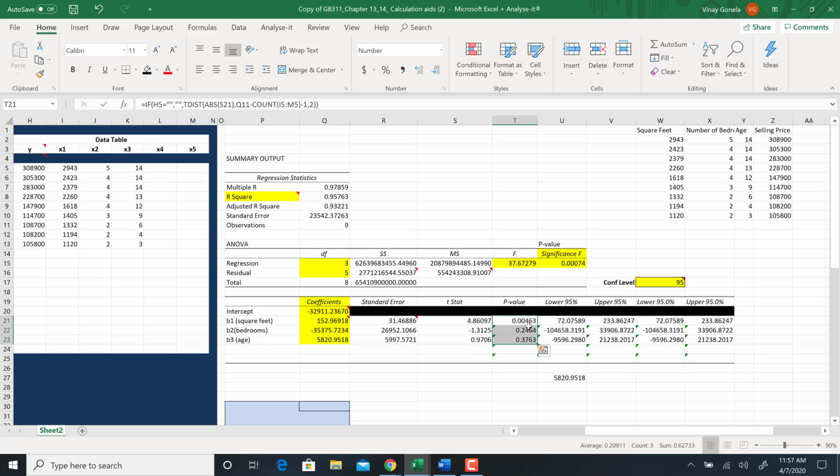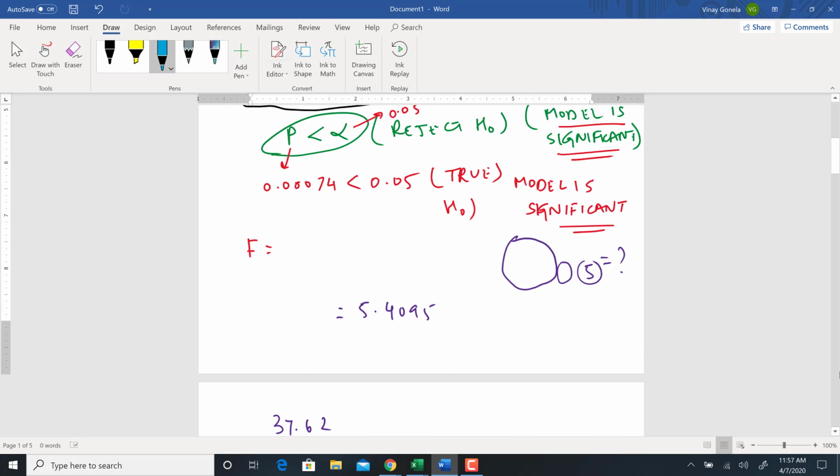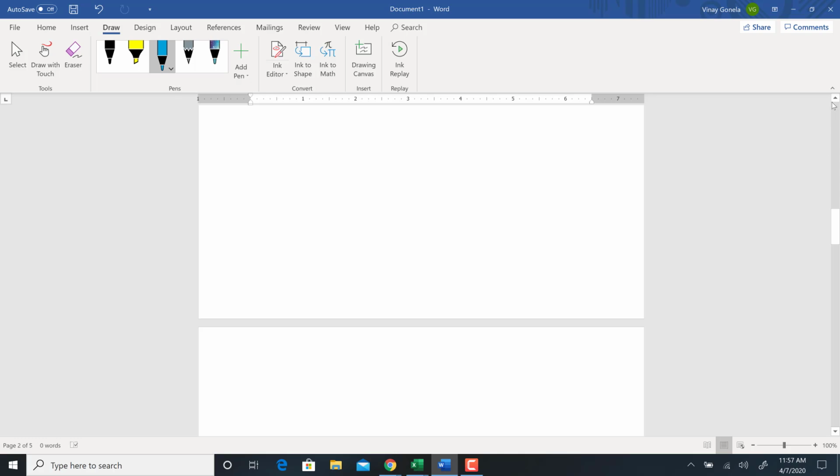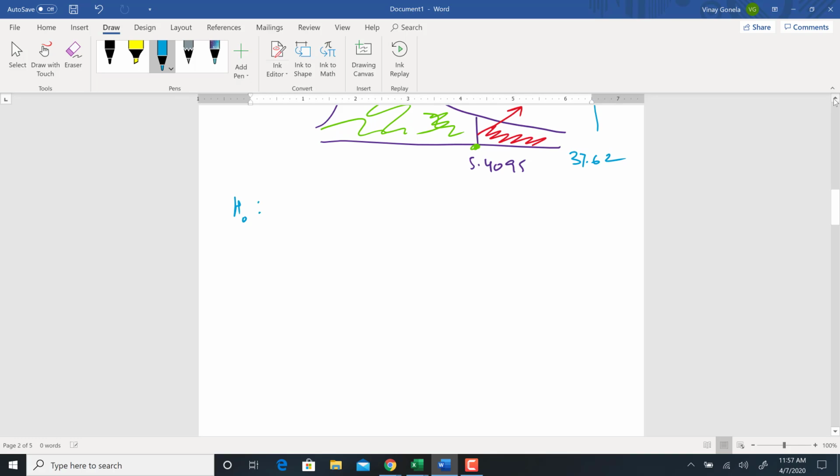So for b1, the null hypothesis is beta 1 equals 0, and the alternative is beta 1 not equal to 0. If it is 0, there is no relationship, so we can't use this factor. So I'm looking at whether the p-value is less than alpha to reject H null.